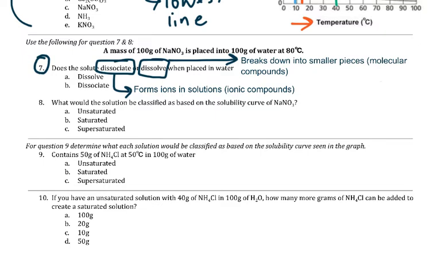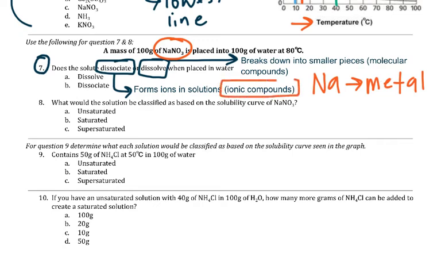So in the substance we're being asked about, sodium nitrate, okay, biggest thing, sodium, right, is a metal. Okay, and remember with our ionic compounds, you have to have the metal with the non-metal.